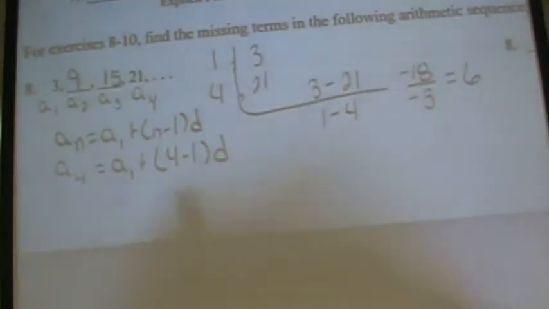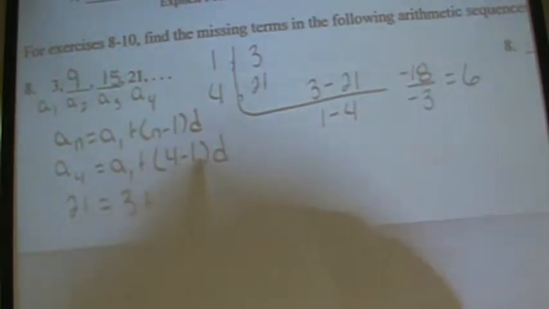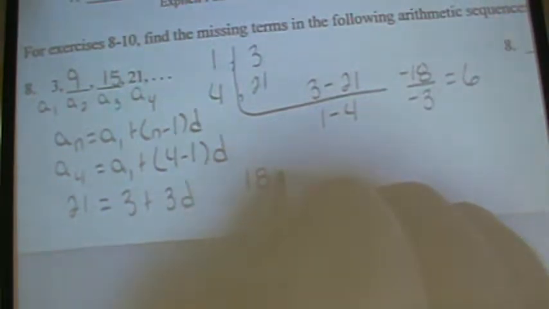So plugging in the values that we have, a4 is 21. That equals 3 plus, when you simplify 4 minus 1, you get 3. So plus 3d. Solving for d, we're going to subtract that 3. So we're going to get 18 equals 3d.